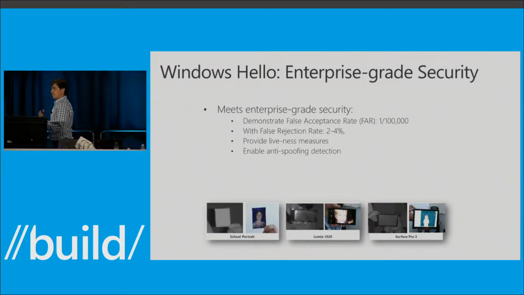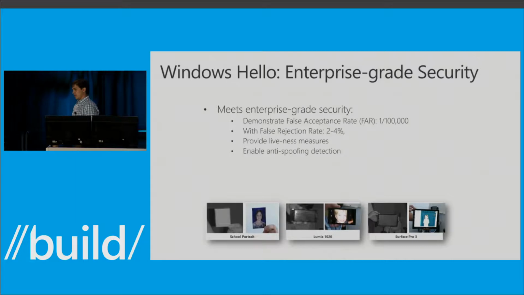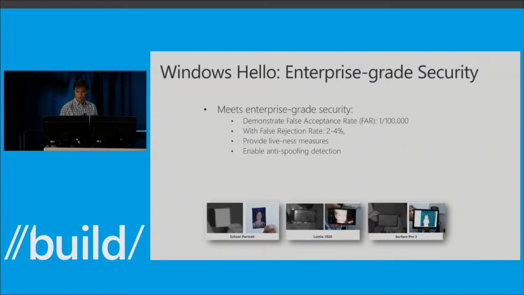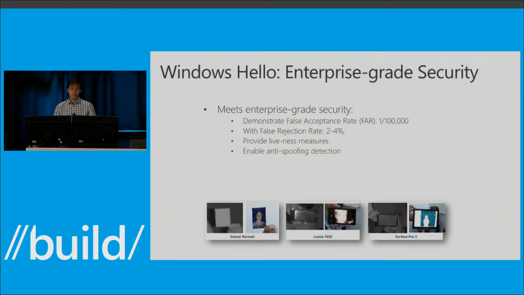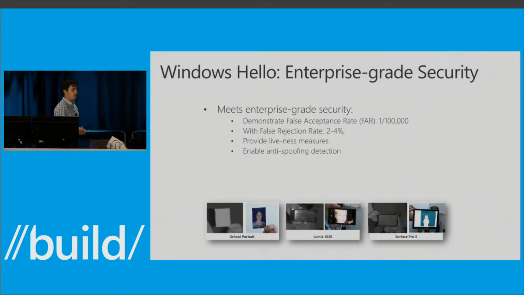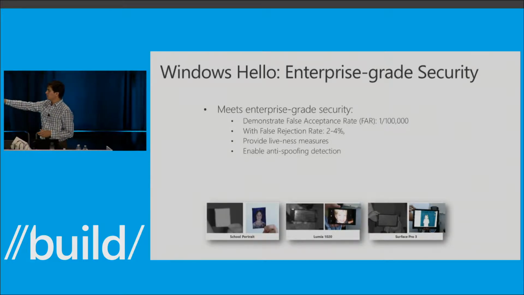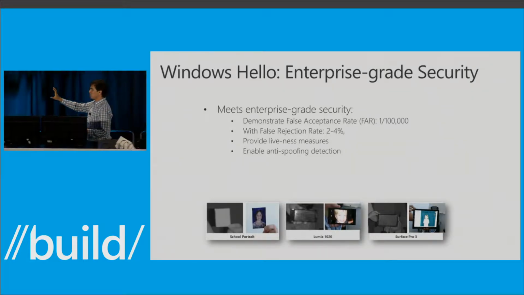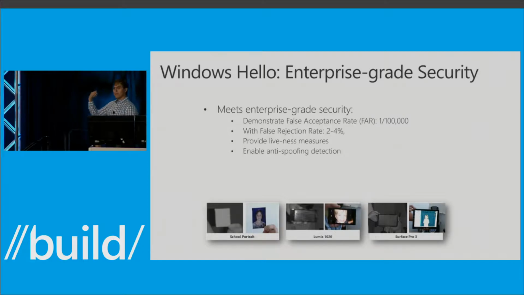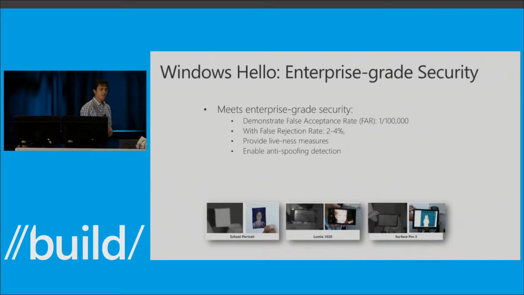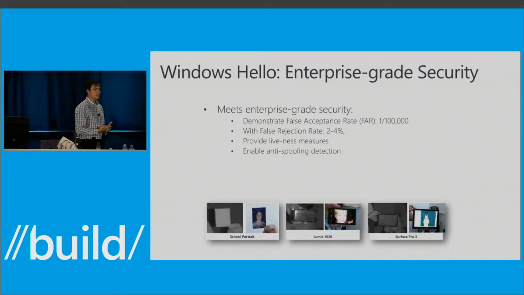The other things in terms of security is that we provide liveness measure, making sure that the user is physically present in front of the device. We also provide anti-spoofing mechanism with Windows Hello. In the lower part of this PowerPoint, you'll see that when you hold a picture of you in front of the camera, because we're using IR technology to scan the face, what the camera sees is basically a white picture of you.